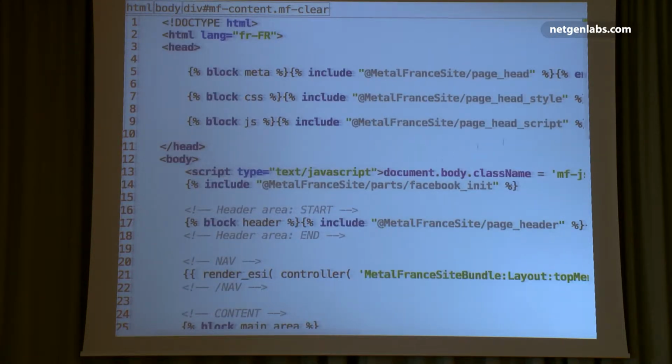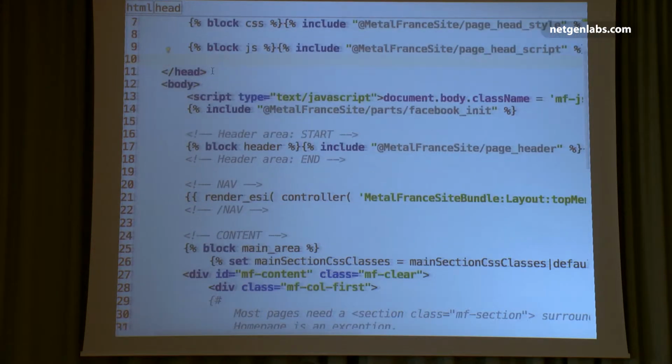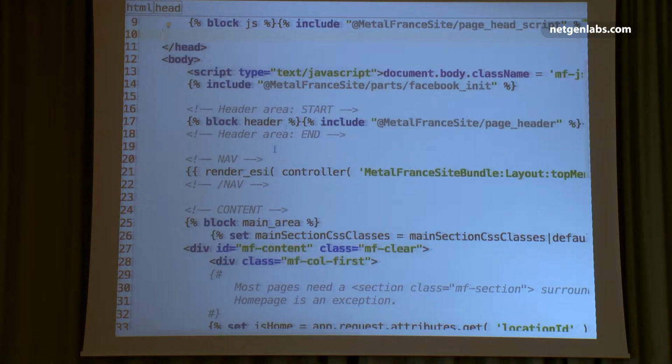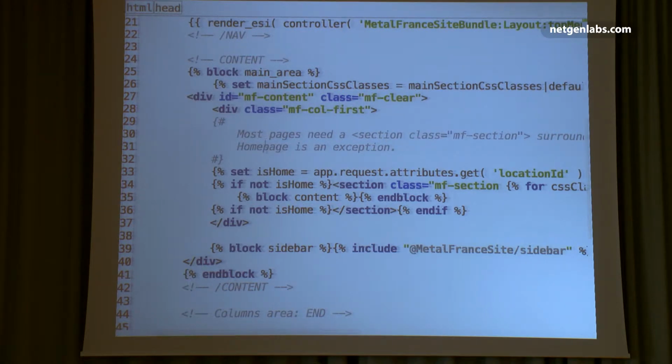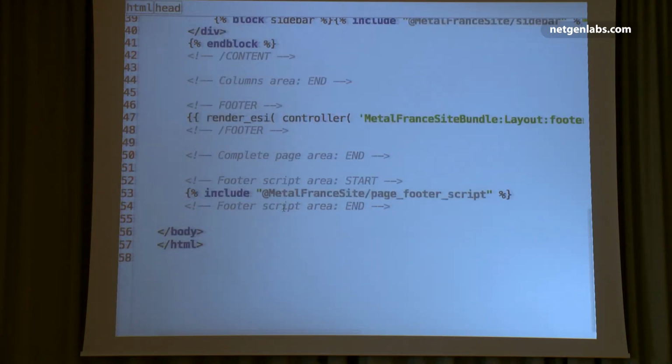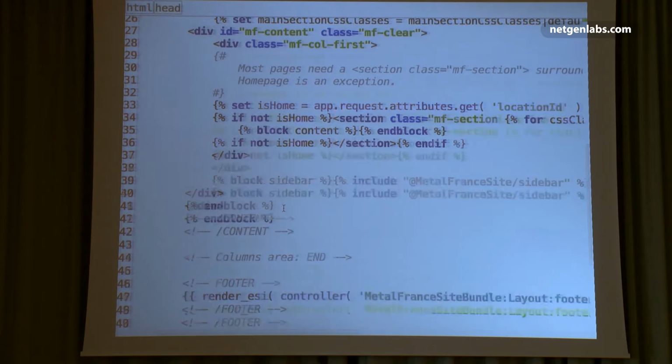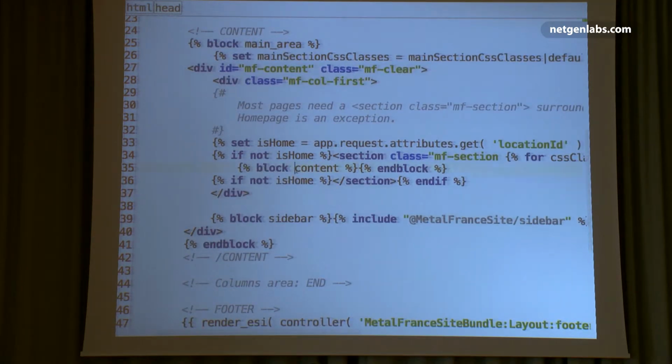So it's basically the same thing, just defining some blocks. This is what I talked about earlier. So a block for meta stuff, block for CSS, block for JS, and header, the main area, and the sidebar, and the content is here.